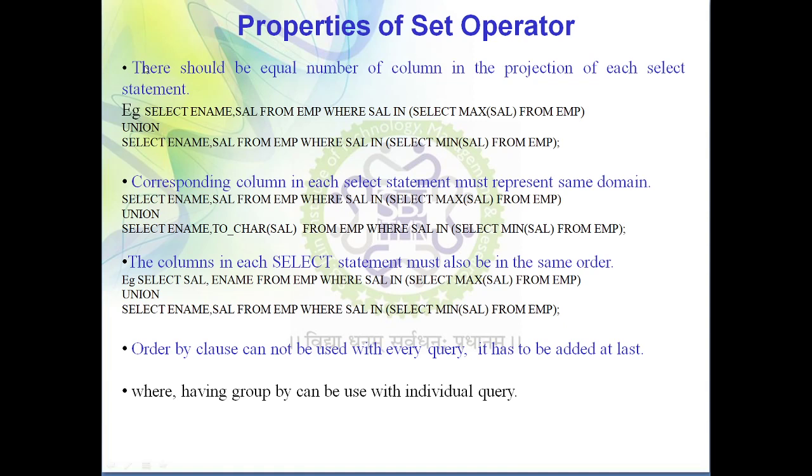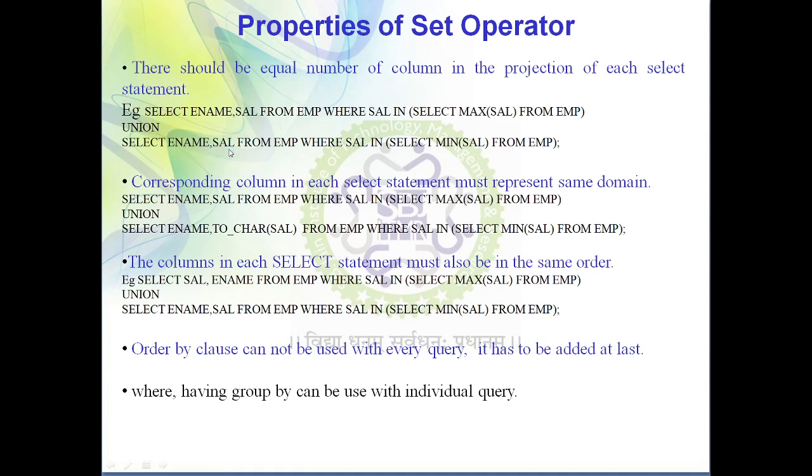In that case, the first property is that there should be an equal number of columns in the projection. Here you can see select ename, sal, so there are two attributes. In this case also select ename, sal, two attributes. That means there should be an equal number of columns in the projection. Suppose here three attributes are there, ename, sal, job, and in the second SQL statement we have only two attributes, ename and sal.